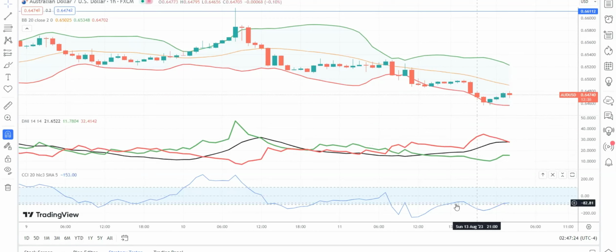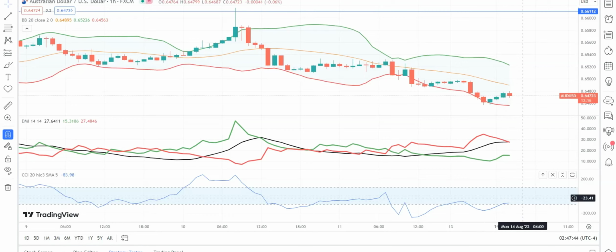The high was right about here, and you can see that the bullish momentum is struggling just to get back up to this point. If it does somehow get up to this point, I don't think there's enough strength for it to stay there, and most likely it's just going to drop from that point.